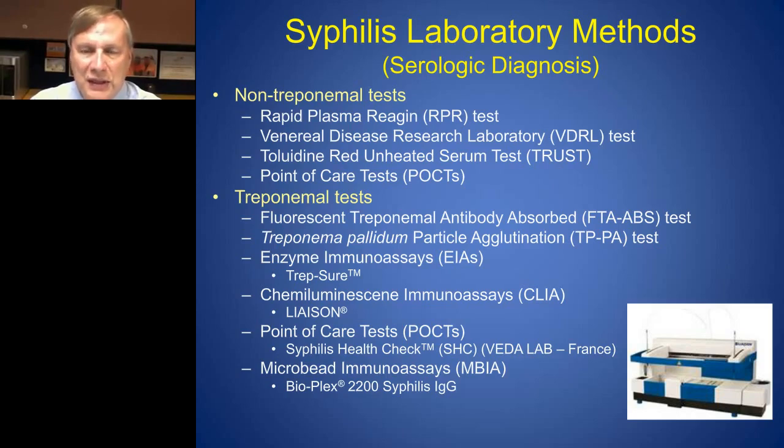Instead of charcoal particles that are caught in the antibody complex and cause a flocculation that you can actually see, it uses a toluidine red dye that is captured. So again, it's a nice little test, just a different version of the RPR.